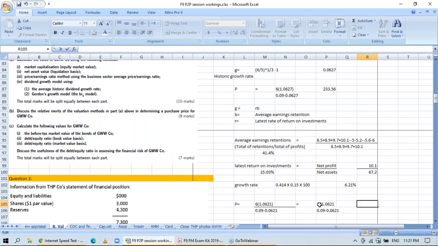If you solve this out, you'll get the market price, which is 228.4.